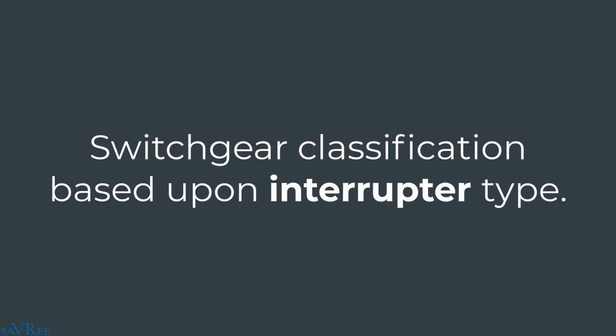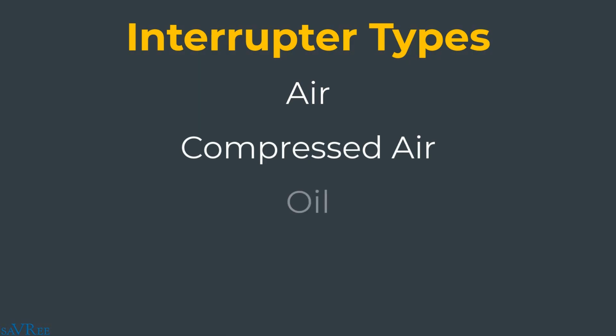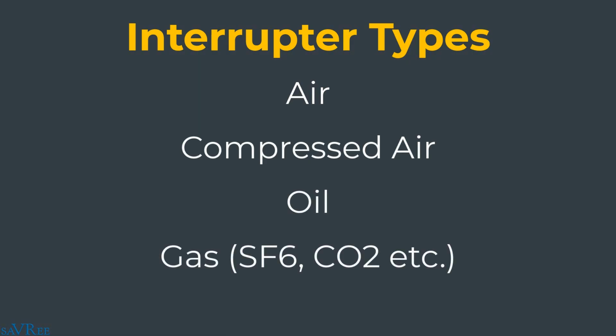If we open up two contacts and the only insulating medium around the contacts is air, because air itself is classified as an insulator, then the arc will be extinguished, but it may take some time. What we're looking for is a better insulator than air. The most common alternatives to air that you're going to see include compressed air, oil, a gas such as sulfur hexafluoride, also referred to as SF6, and vacuum.